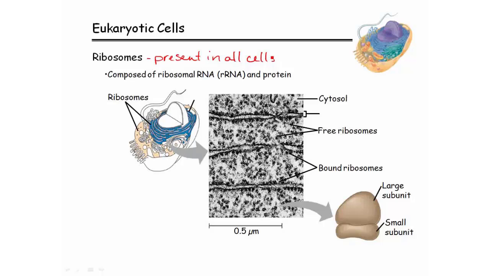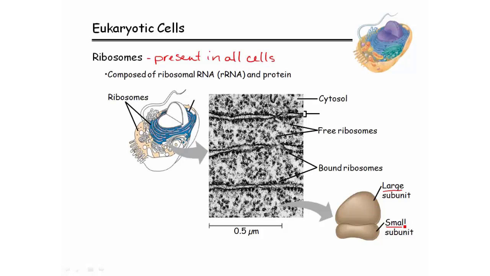The rRNA and the protein are going to be wrapped around each other and assembled together into some subunits. We will have what we call a large subunit because it's large, and we'll have a small subunit because it's small. And those 2 subunits will come together when the ribosome is actually functioning. If the ribosome is not working, these are going to be actually in pieces inside the cytoplasm.